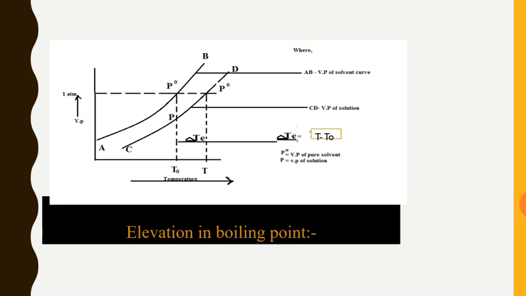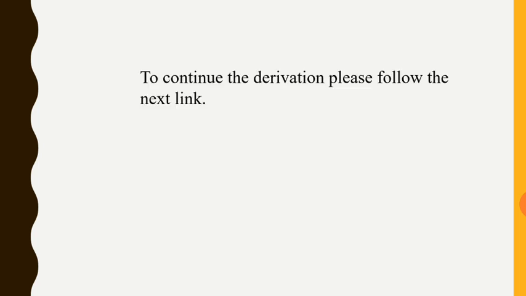Remember, T is a higher temperature than T0. So you can say T is the higher temperature and T0 is the lower temperature. To continue the derivation, please follow the next link. I hope you are getting how the vapor pressure decreases. Thank you.